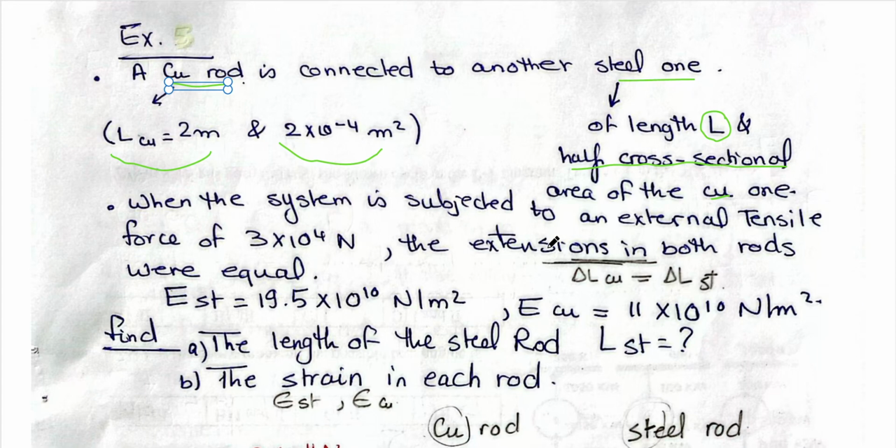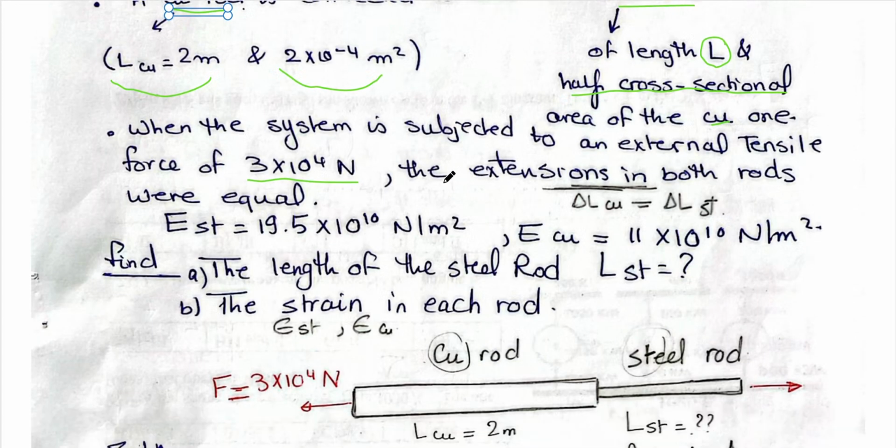When the system is subjected to an external tensile force, this is the force applied on the system, the extensions in both rods are equal. This is the condition stated in the problem: equal extensions in both rods. So I write it as an equation, delta L copper equals delta L steel.